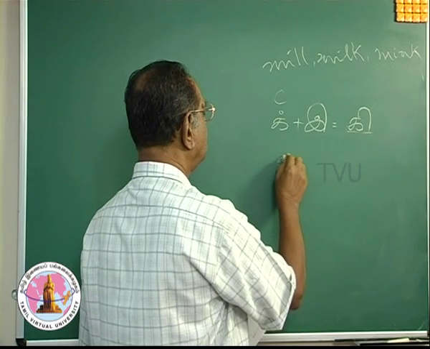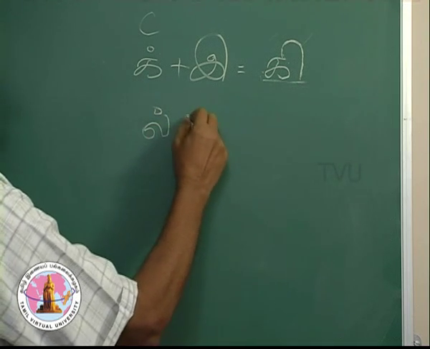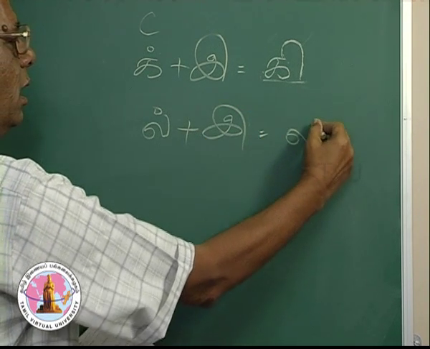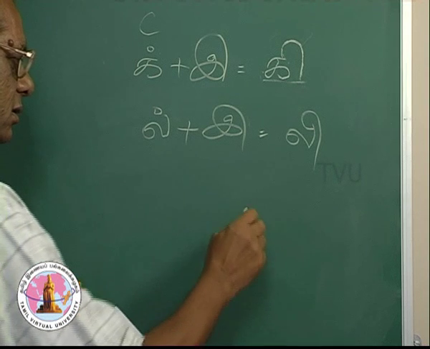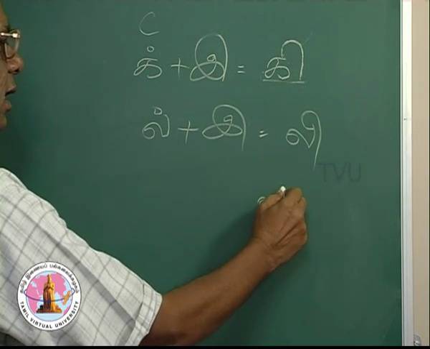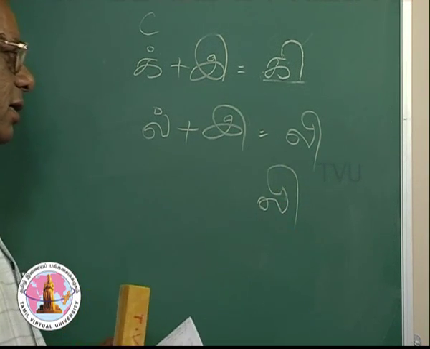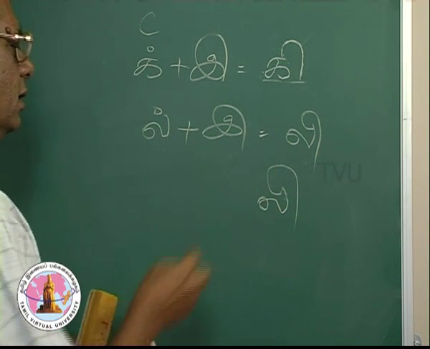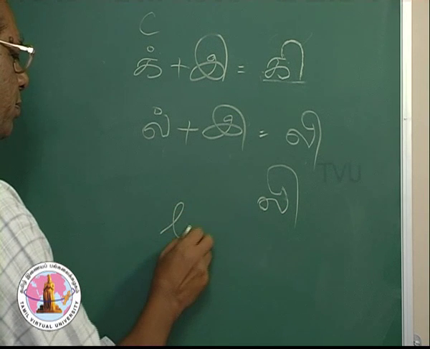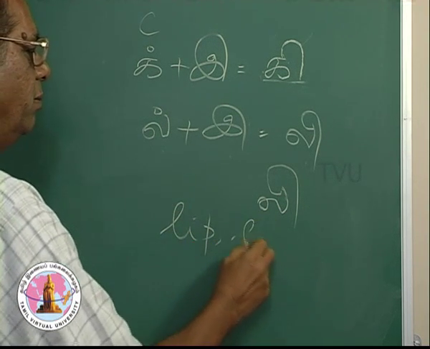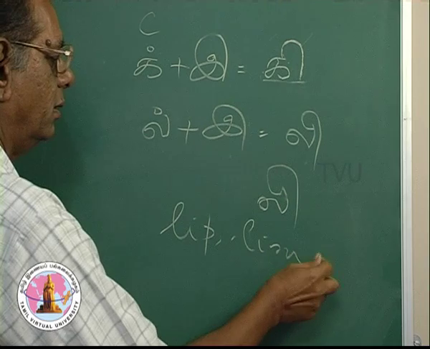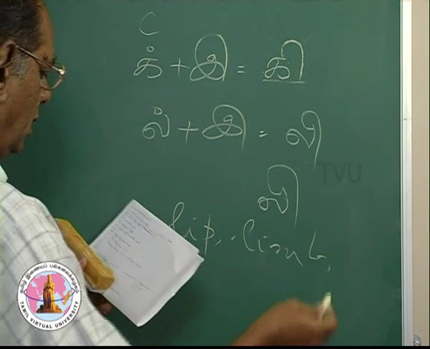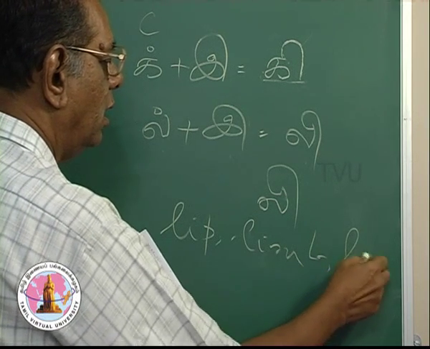The next letter is la plus e, li. This is la, and you have this marker here. La plus e, li. Li as in lip, limb and lit or lick.